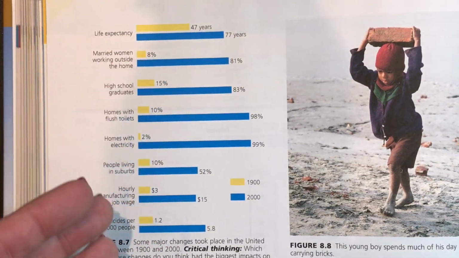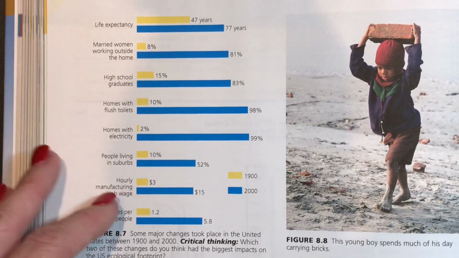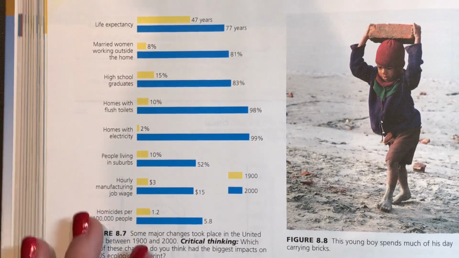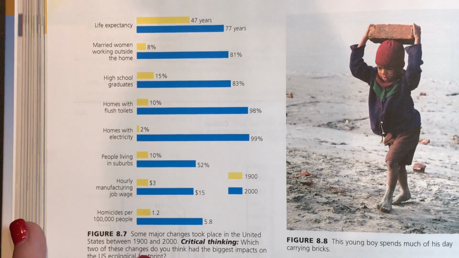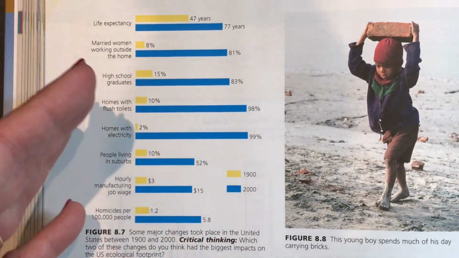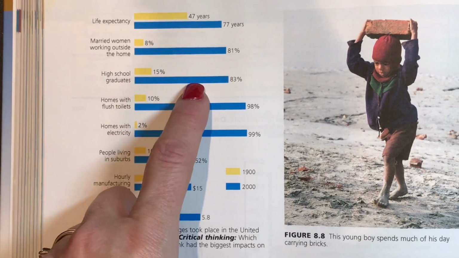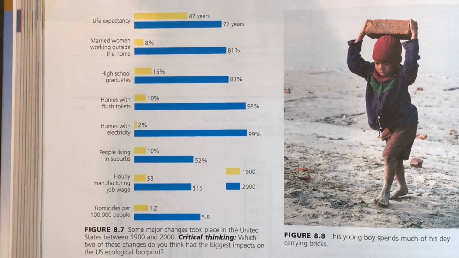Do you have to memorize this? No. Should you, on the national exam, have a couple of these tucked away so you can say why it is that our life expectancy has increased and perhaps why our TFR has decreased? I mean, my gosh, look at this one right here. High school graduates for sure.